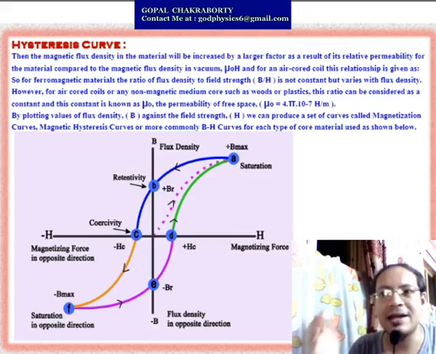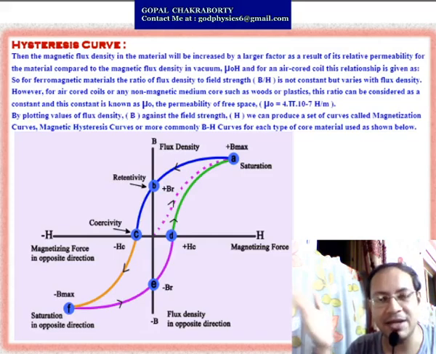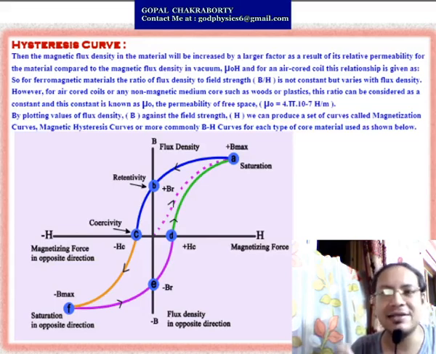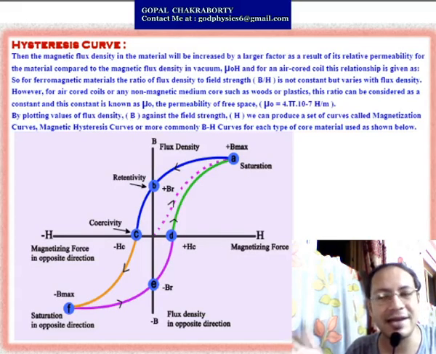You can see in this BH loop that when H goes to 0, B is not 0, so that point is called retentivity. B becomes 0 for a particular negative value of H, and that point is called coercivity. So this is the special curve or graph, the BH loop, also called the hysteresis curve.